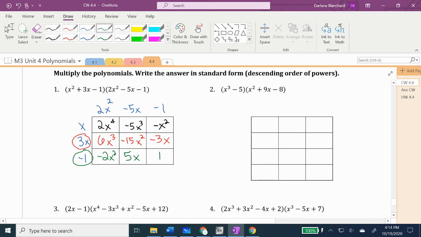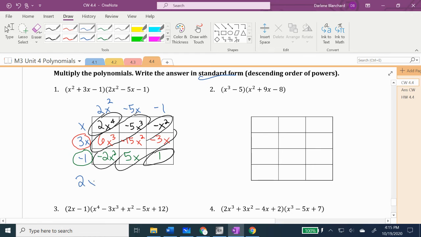Once you have done that, then it is a matter of lining this up. With lining it up, it actually goes along diagonals. If you start with the upper left box, you can add diagonals as you go along, and you are in standard form already.